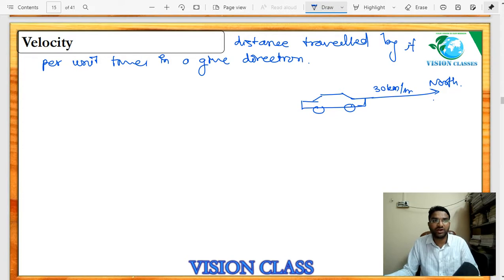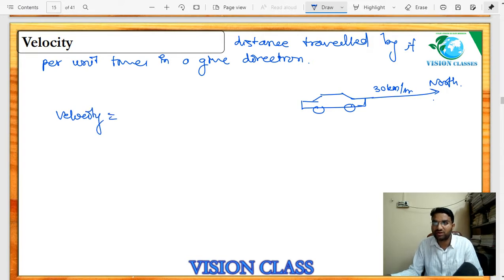That is nothing but velocity. So velocity is equal to distance traveled over time taken.